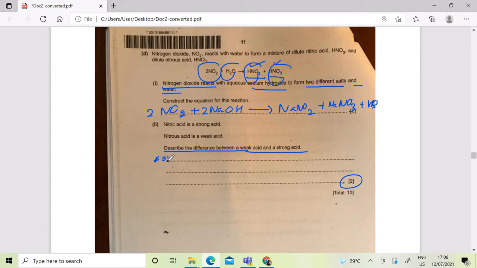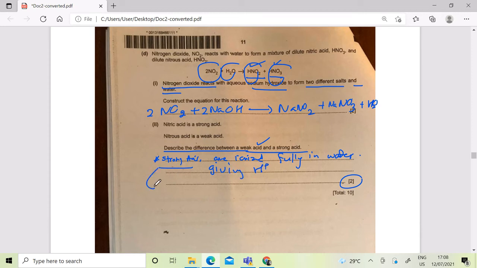So better to write for both. Strong acids are ionized fully or completely in water, giving H plus ions.